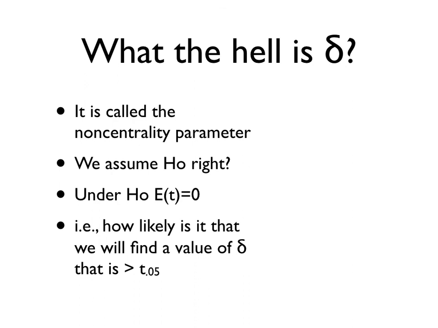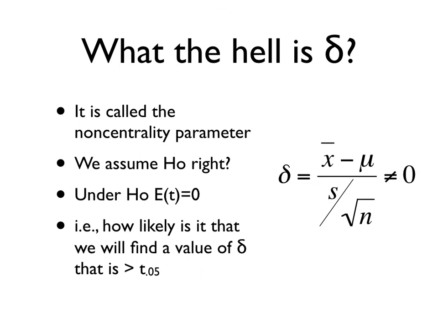How likely do we find a value of delta that is greater than the t value of 0.05, basically, the critical t value? So that's it there. Delta is just x bar minus mu over s divided by square root of n. That should be a sigma, sorry, on the board. And it's non-zero.